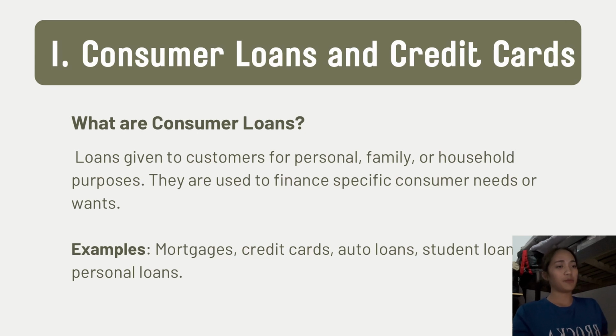For example, if your family buys a house through monthly payments, that is a mortgage loan. And if you swipe a card to buy something without paying cash immediately, that is called a credit card loan. It is important to understand that when you take a loan, you're not just paying back the money that you borrowed, but you're also paying interest, which is the cost of borrowing money.